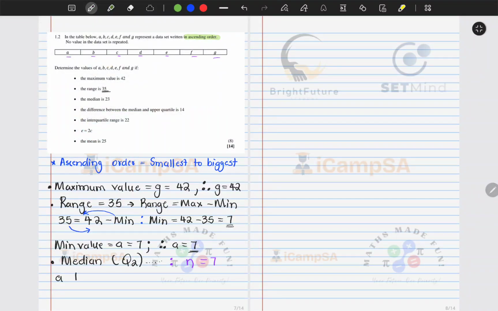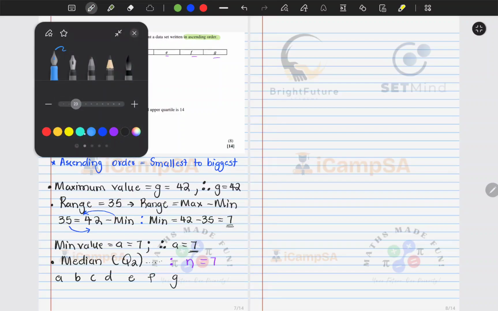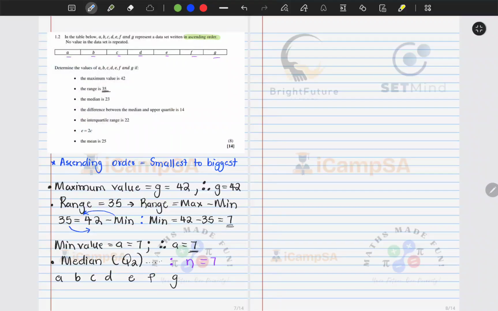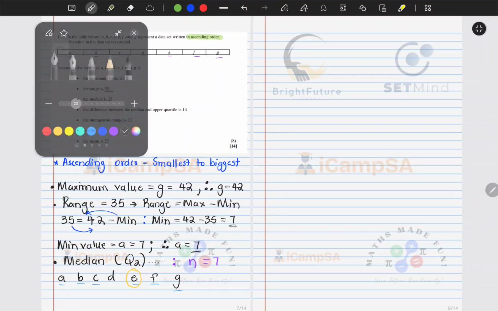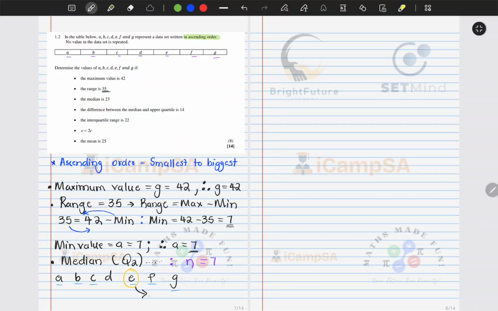You have your A, B, C, D, E, F, G. We are supposed to be in the middle. So if you say A, then B, B, C, C, the middle term, which becomes our median, becomes E. That's the middle term.